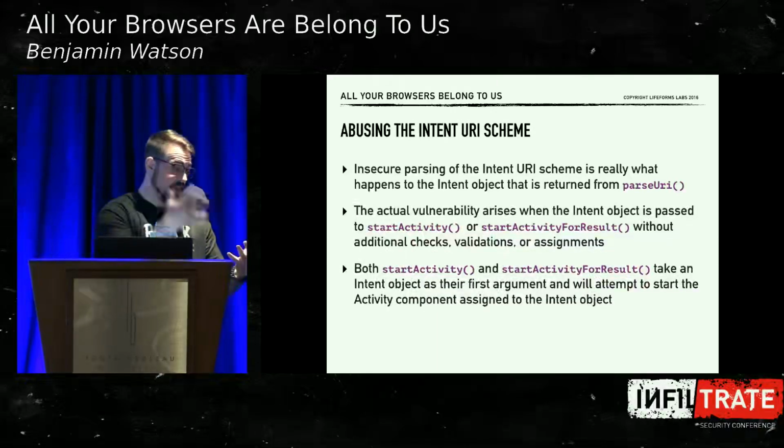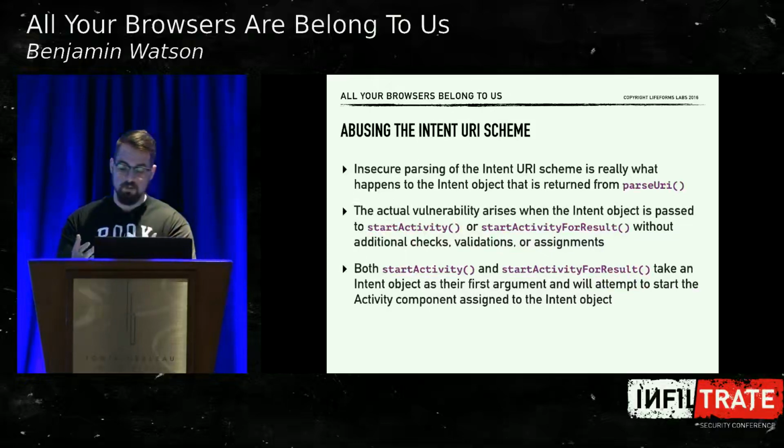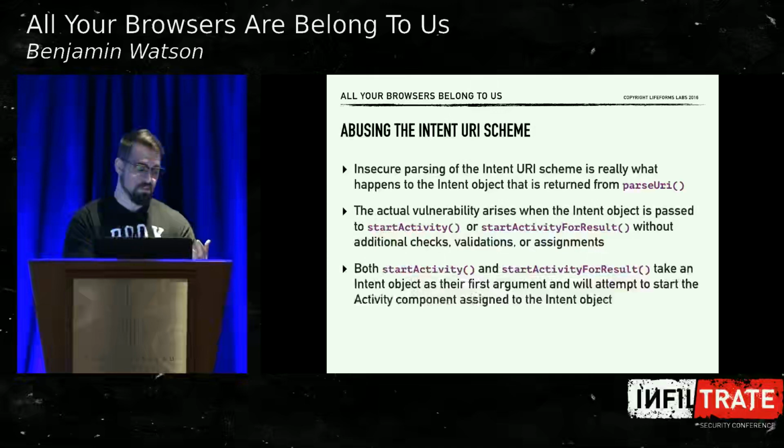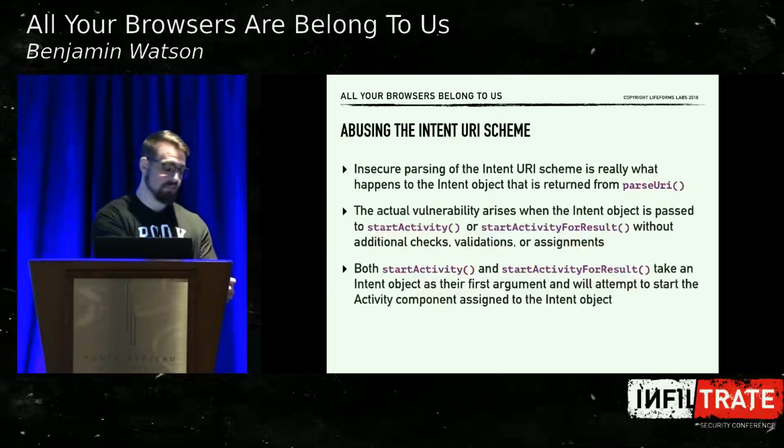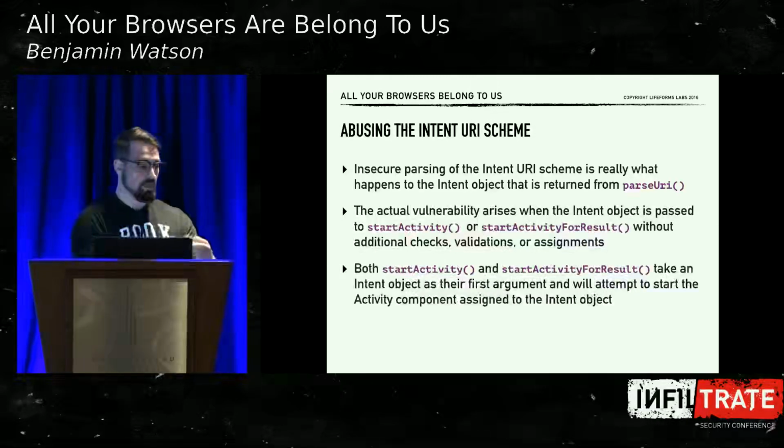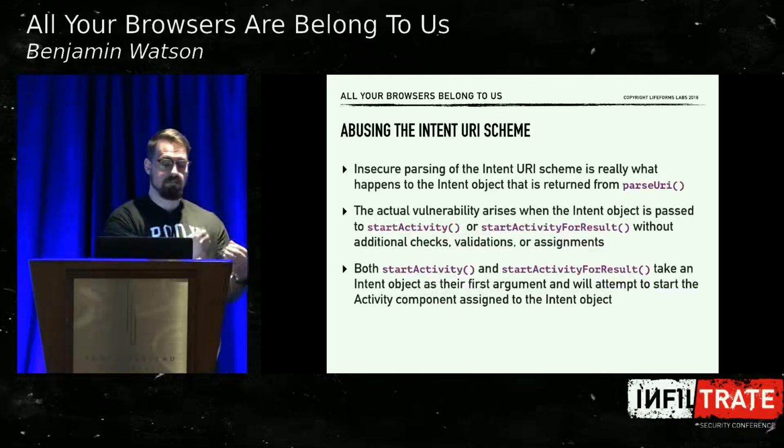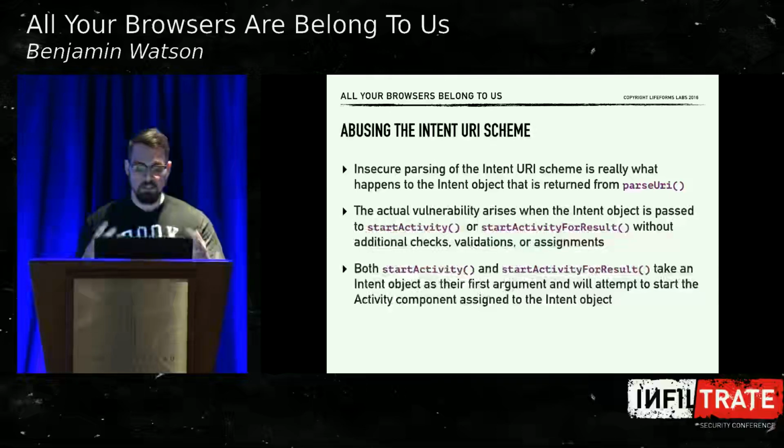So an HTML page was loaded inside of a WebView. We have a scheme, and that scheme created an intent object, an inter-process communication object, that is effectively tainted and untrusted data. If you take that object and pass it to a method that is designed to invoke something that handles inter-process communication, that is really where the vulnerability lies.